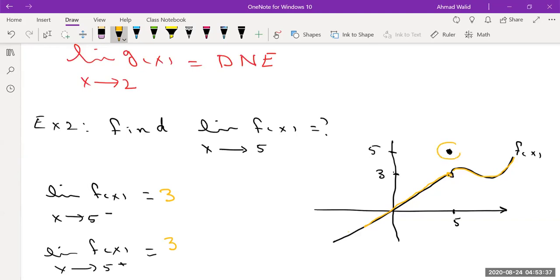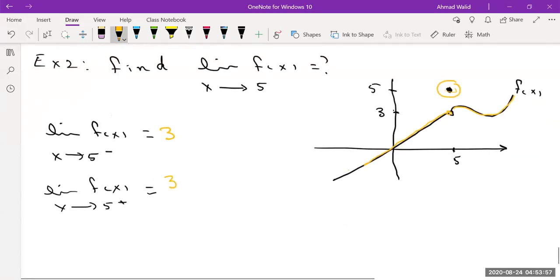You see the idea that Q is approaching P. I don't care about this point. This point is not on the function. My concern is about this point. When I'm approaching 5, how much is the value of this point, correct? Or the value of the function on the y.